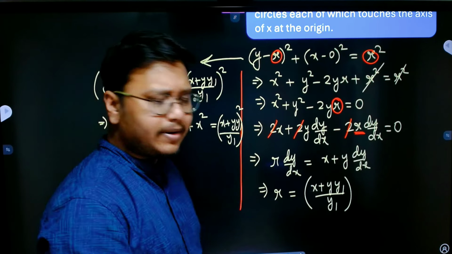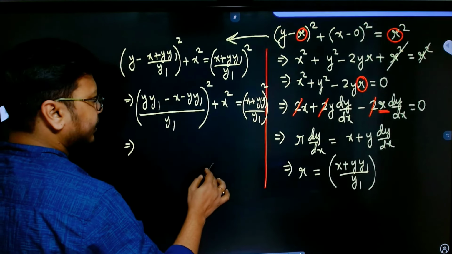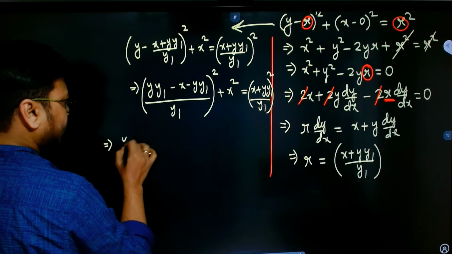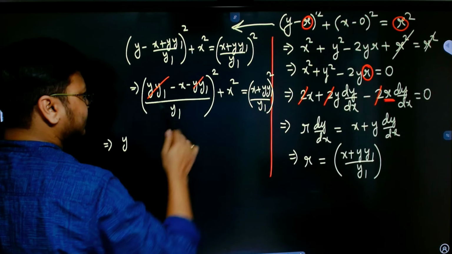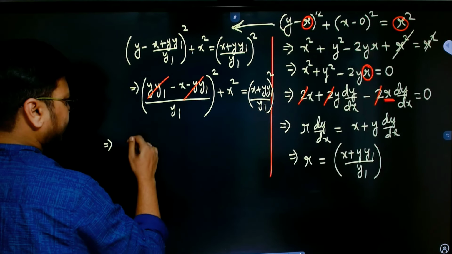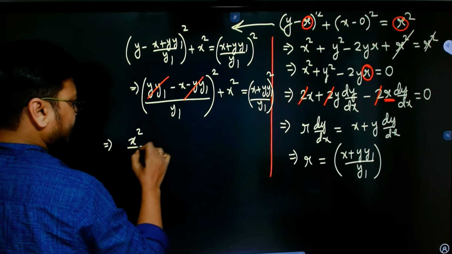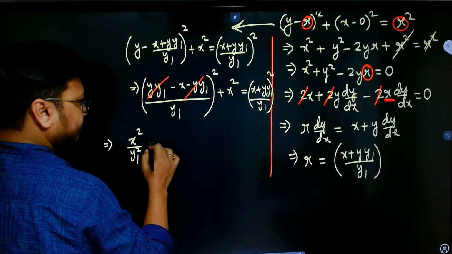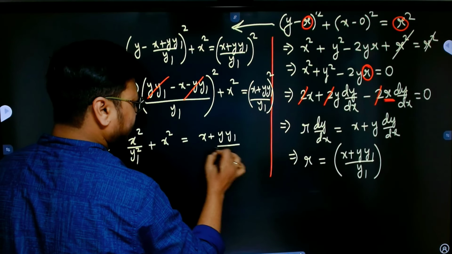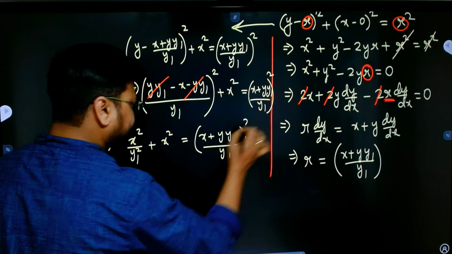So I can do a little bit more simplification over here. I can do LCM, and the y1 would cancel, and I will be having x square by y1 square plus x square equals (x + y1)/y1 whole square.